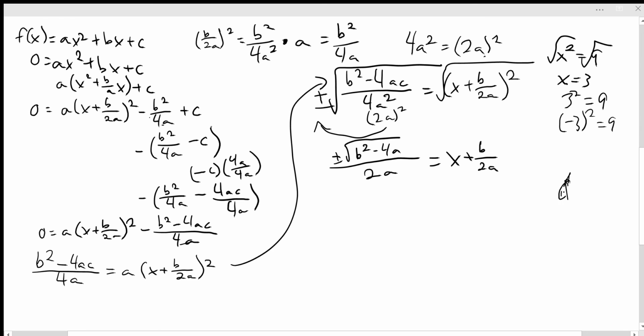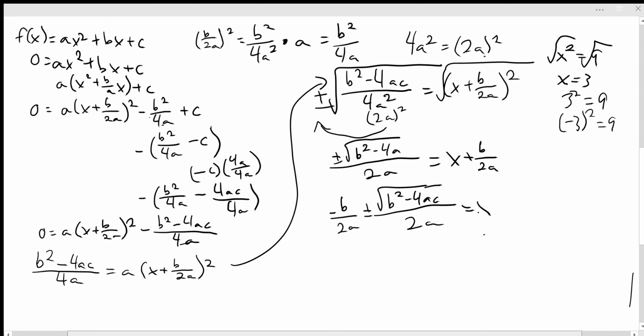So our last step is to subtract b over 2a. So we'll have negative b over 2a plus or minus this square root of b squared minus 4ac over 2a equals x.